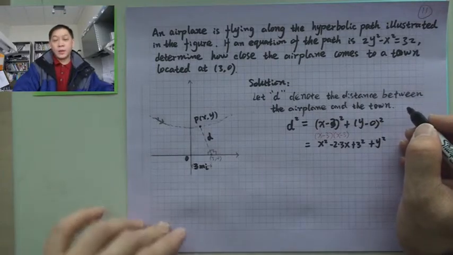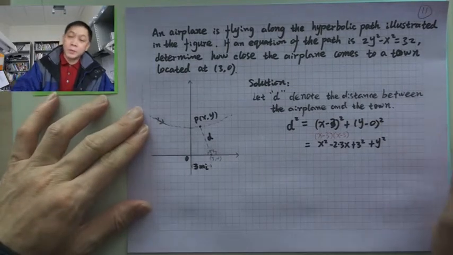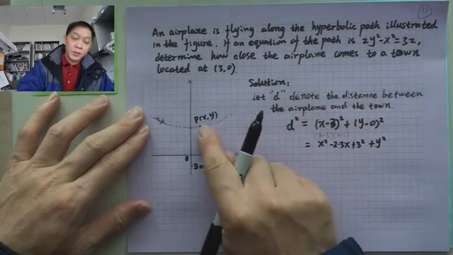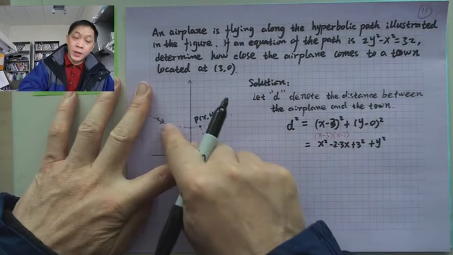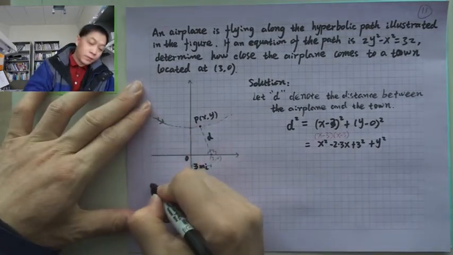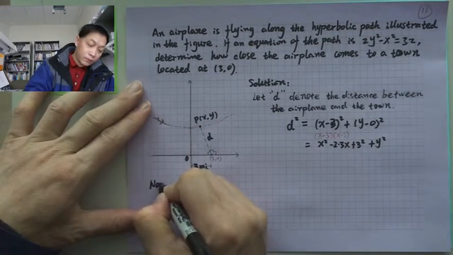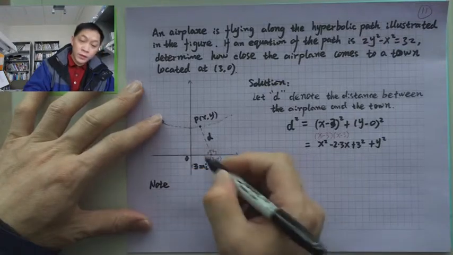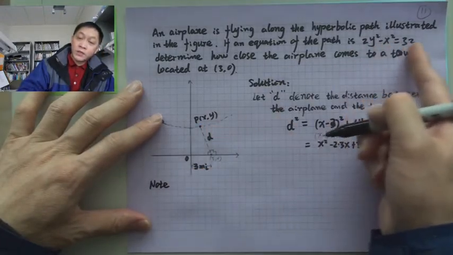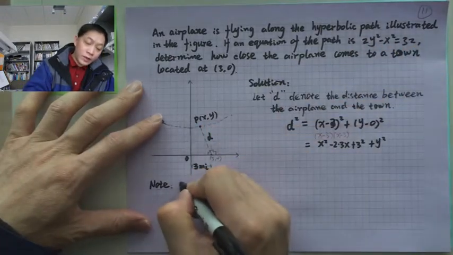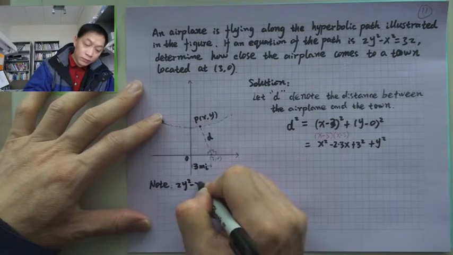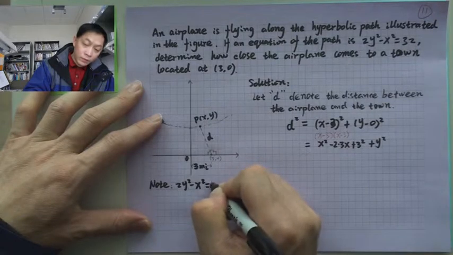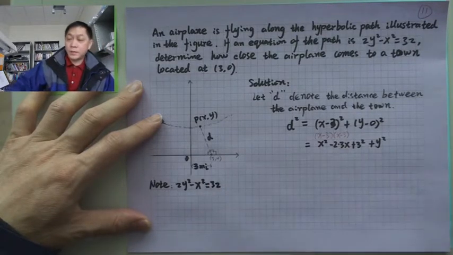Now remember, this point P(x, y) is still on the hyperbola, so this x and y satisfy this equation. We have to use that.